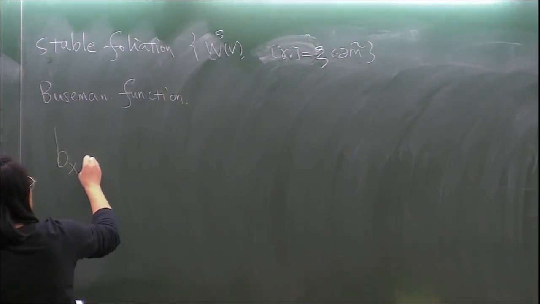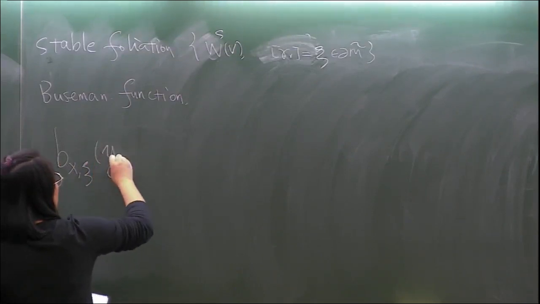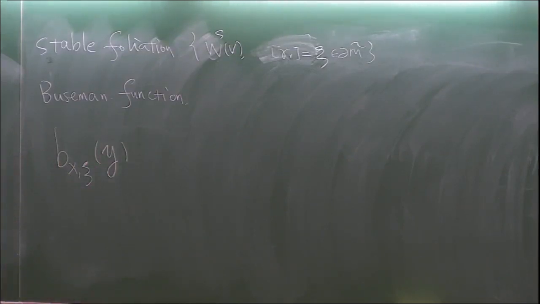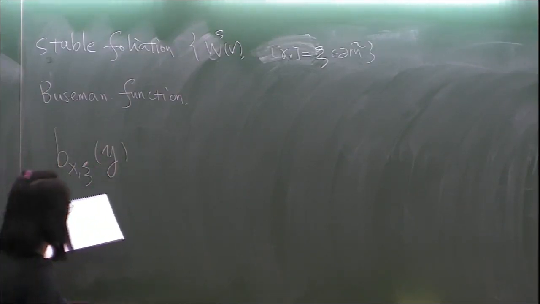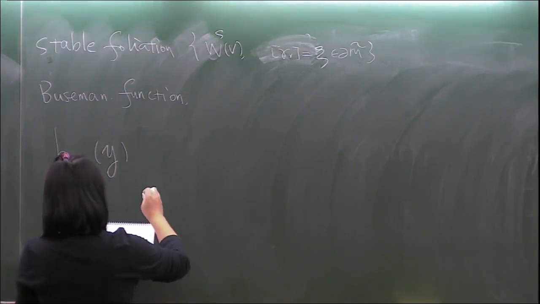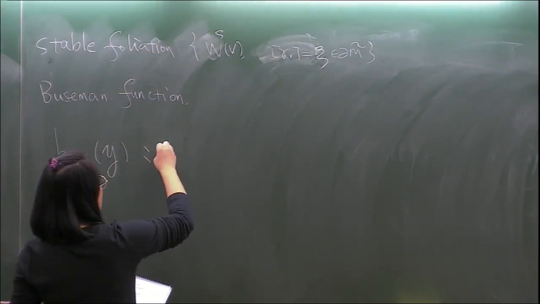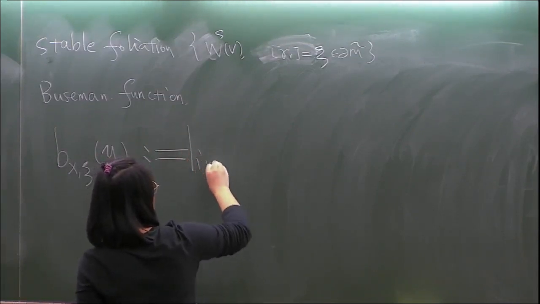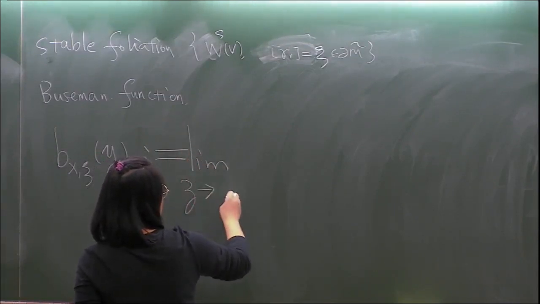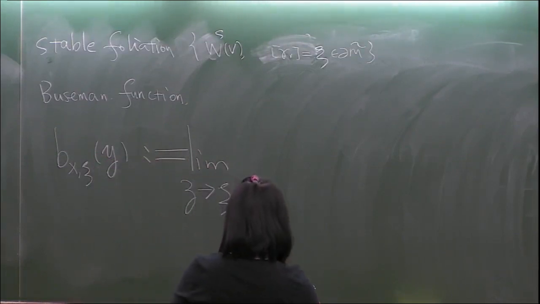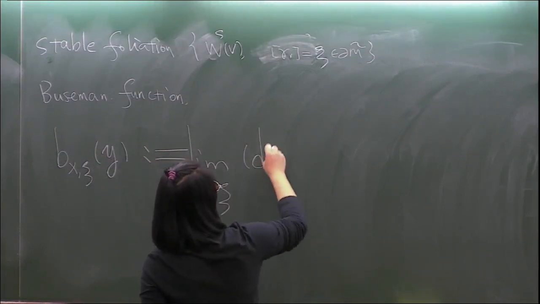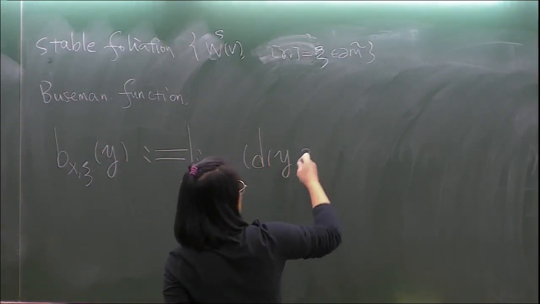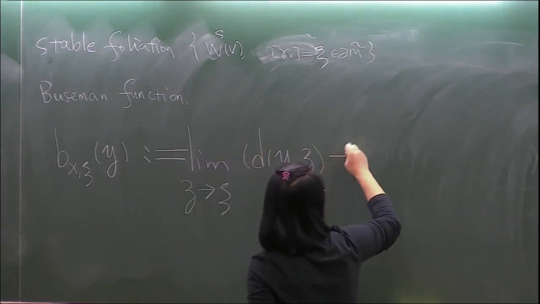You have B_{x,ξ}. Given x and ξ, you define the function at y to be this: z goes to ξ, the difference of d(y,z) minus d(x,z).